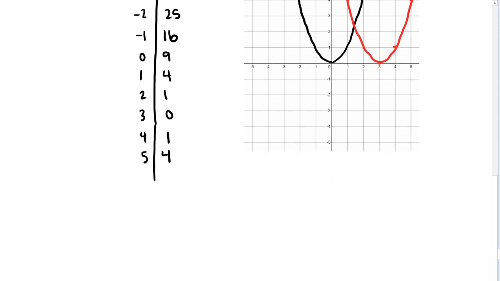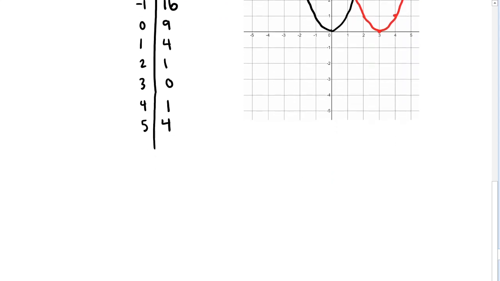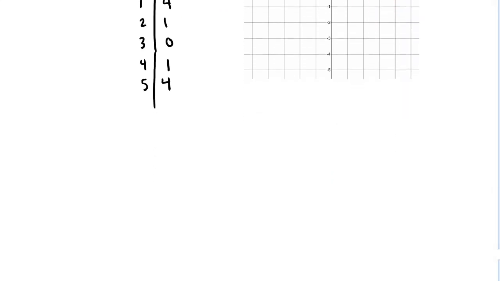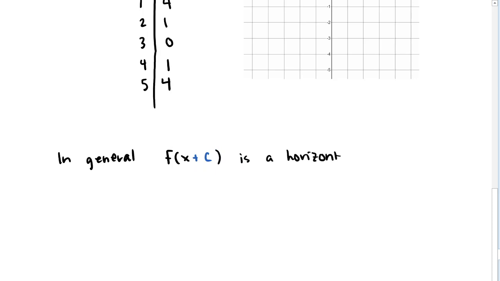And so in general, if I have f of x and I add c to that input, this is a horizontal shift of the graph of f of x by c units.